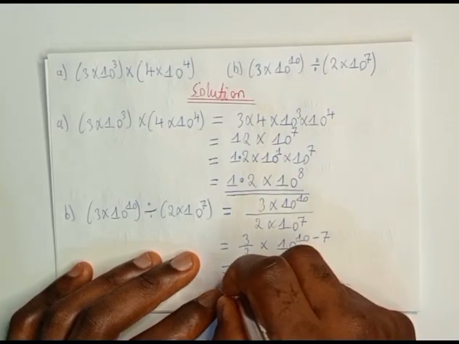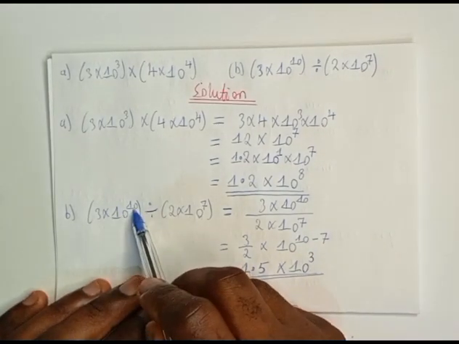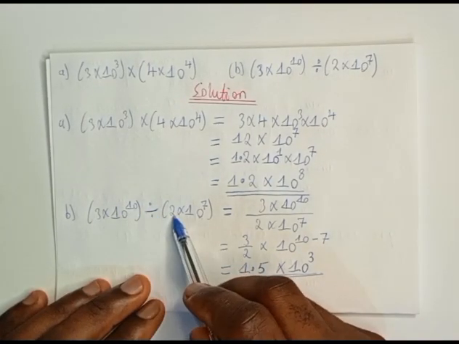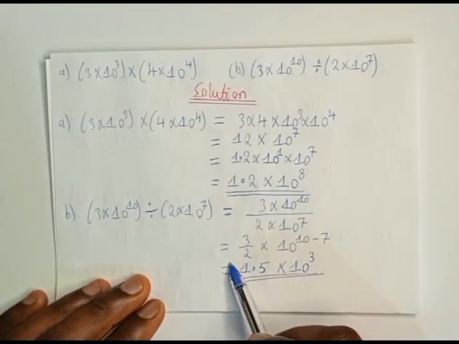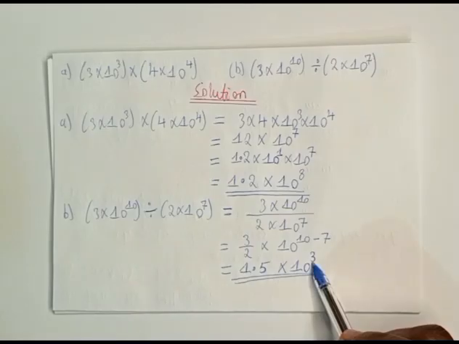We underline our final answer. Therefore, 3 times 10 to the power 10 divided by 2 times 10 to the power 7 is equal to 1.5 times 10 to the power 3.